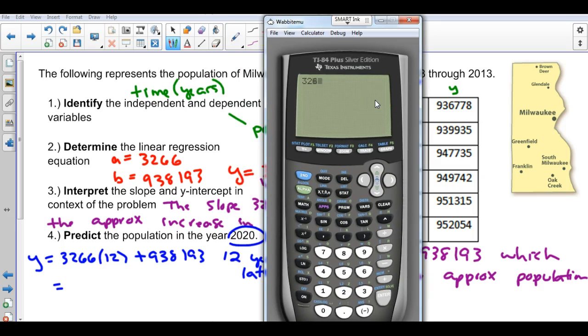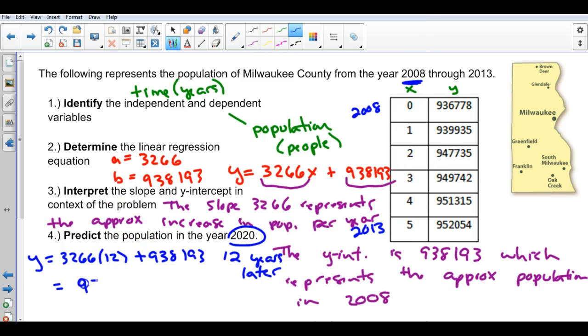So I have 3266, let me go back and delete this, times 12 plus the 938,193. And I end up with an answer of 977,385. And that is people.